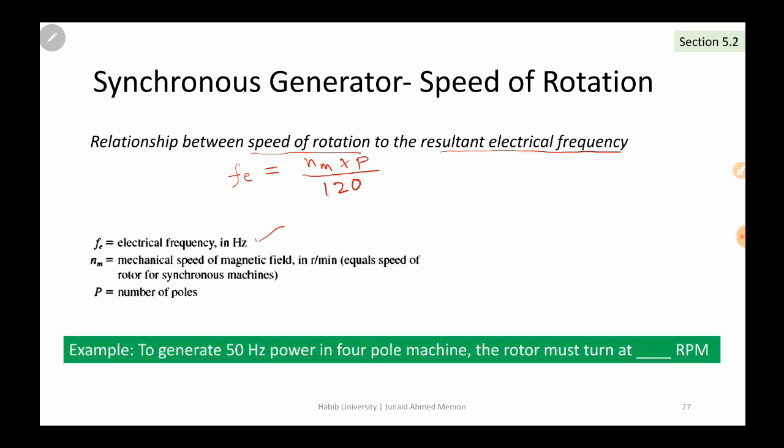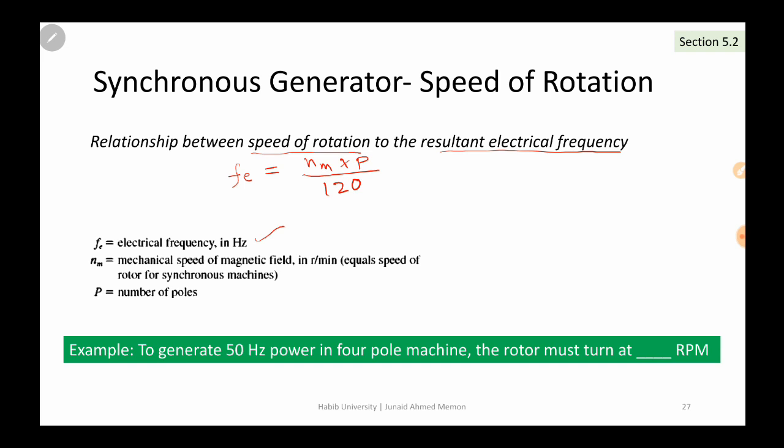For example, different countries generate electric power at different frequencies. The US generates power at 60 hertz, and in Asia, in Pakistan and India, most of us generate power at 50 hertz.